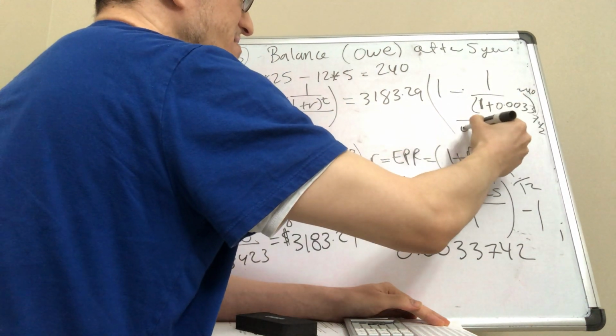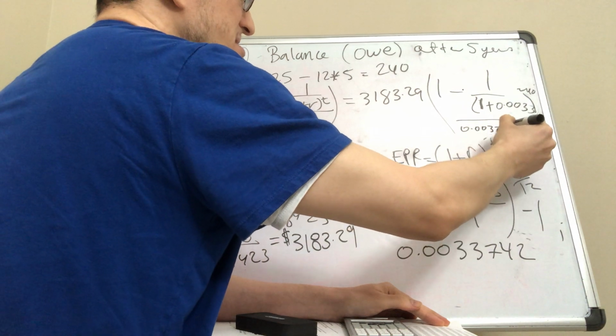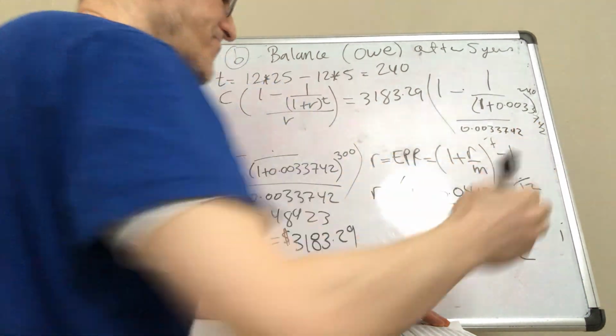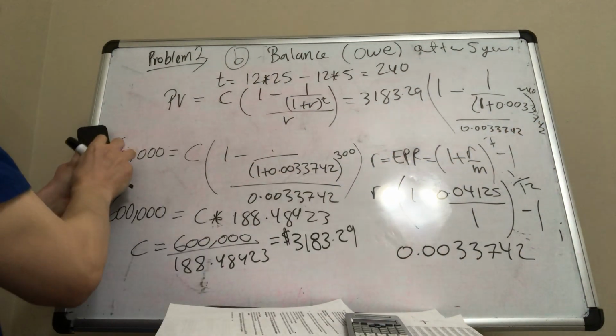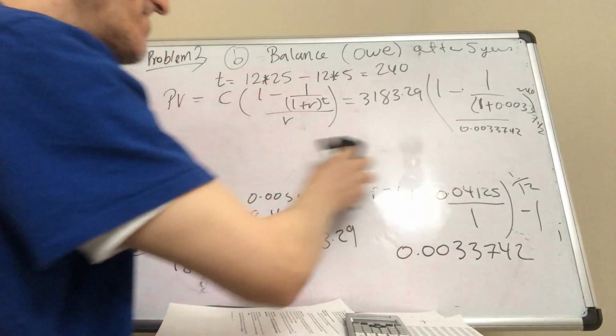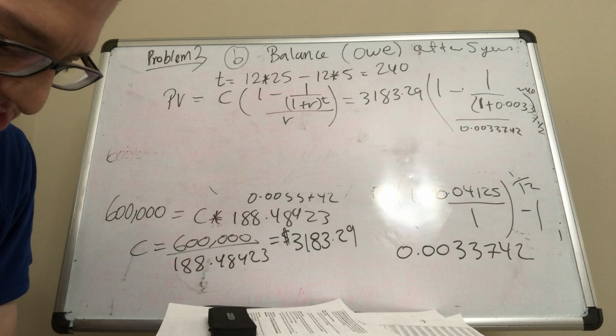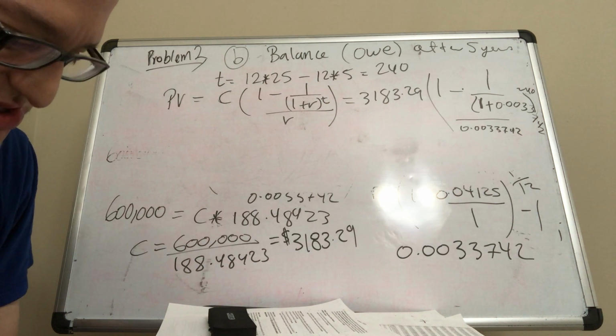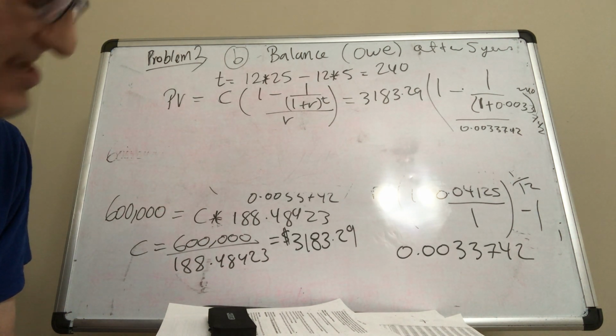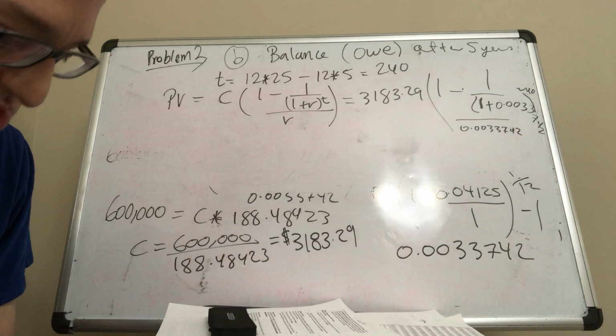And we divide by the R. So we do the math here, 318329, 1 minus.